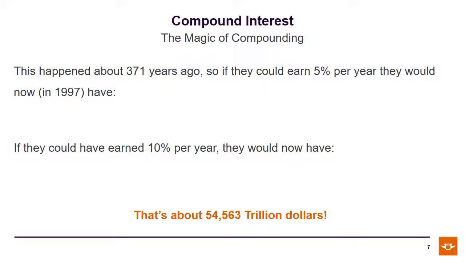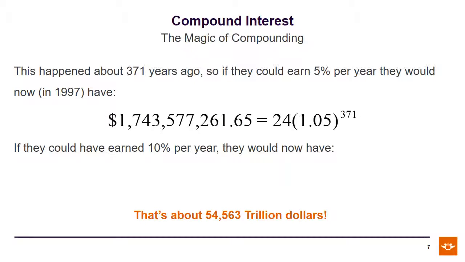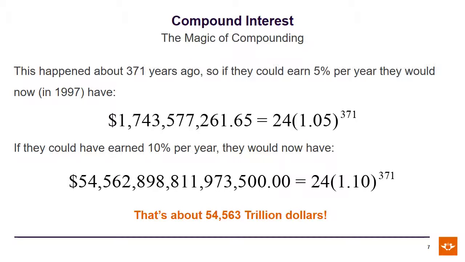If they invested that $24 at 5% for 371 years up until 1997, they would have earned $1.7 trillion. If, on the other hand, they'd invested at 10% per year, they would have earned $54.5 trillion.